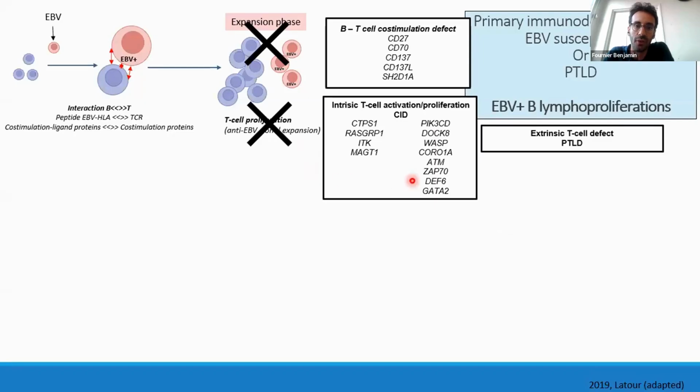You have here all the genes that are involved in combined immune deficiency. You have here the genes that are involved in B T cell co-stimulation defect, including Pure-Tilo syndrome, but it may also be due to extrinsic T cell defects, such as post-transplantation lymphoproliferative disease, where the T cell activation is dampened by cyclosporin A or corticosteroids to treat transplant rejection.